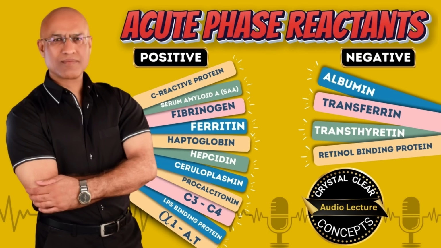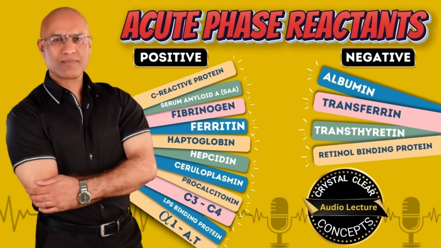What does it mean? It means that iron and zinc are behaving as negative acute phase reactants, and copper is behaving as a positive acute phase reactant.